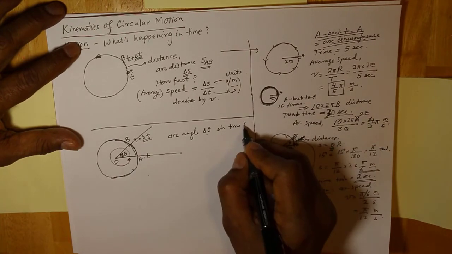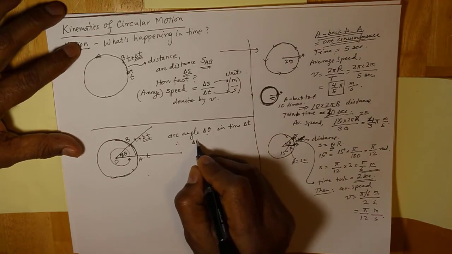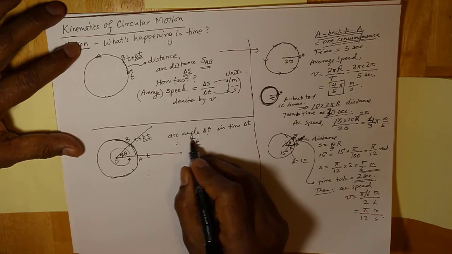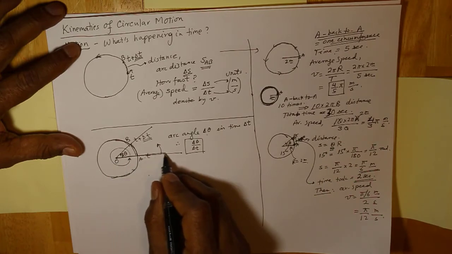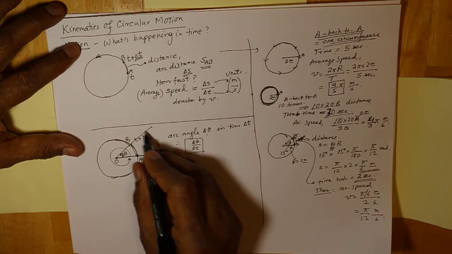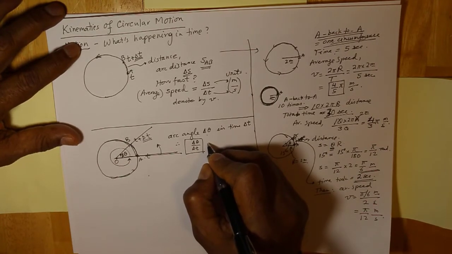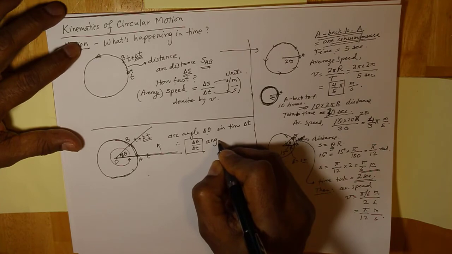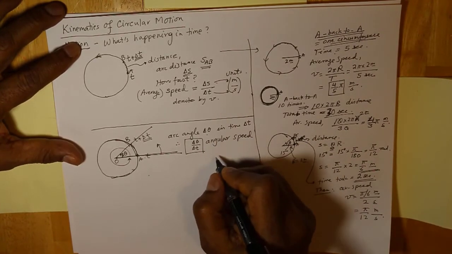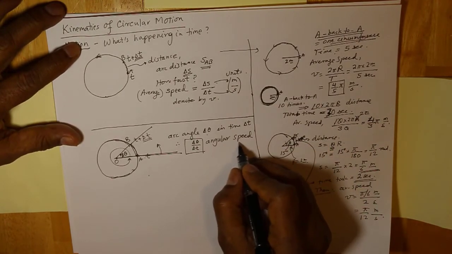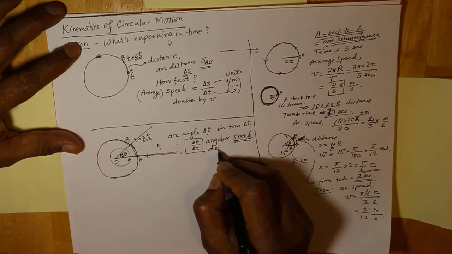Therefore we can define delta theta over delta t, a quantity which tells me the rate at which the line from O to where I am is rotating as I go around the circle. This is called angular speed, and sometimes people call it angular velocity, but we'll just use angular speed.